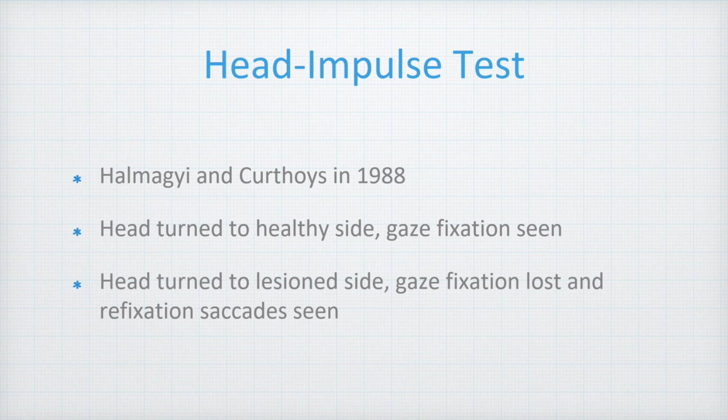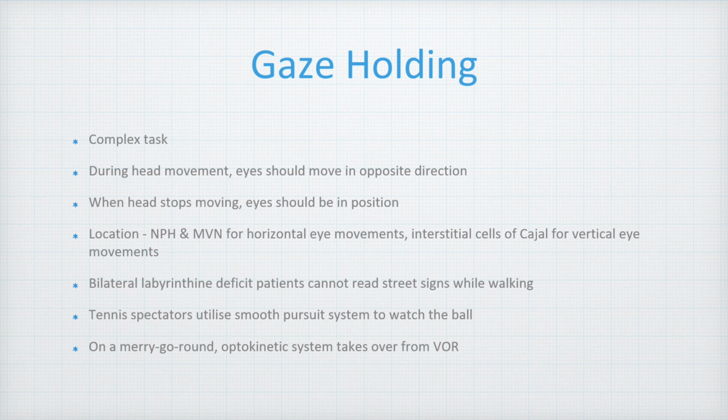Now the eyes will be sent rapidly back to their normal location, that is towards the left, to fix their gaze where it was supposed to be. This is a corrective mechanism, also known as the refixation mechanism, and this rapid correction of the position of the eyeballs is known as saccades.